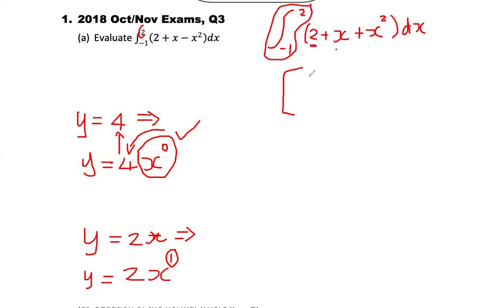So this can be written as 2x raised to power 0 plus, I'm just showing you for the sake of learning, but you don't have to show this in an exam, x raised to power 1 plus x squared. So you see the order: the power is 0, the power is 1, the power is 2.